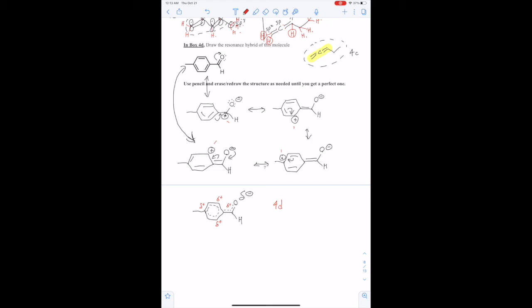But here's another quick shortcut that usually works, but don't quote me on this, because sometimes it might not, especially when you have an odd numbered ring. It works in an even numbered ring, but every second carbon on the benzene ring would have a positive charge.